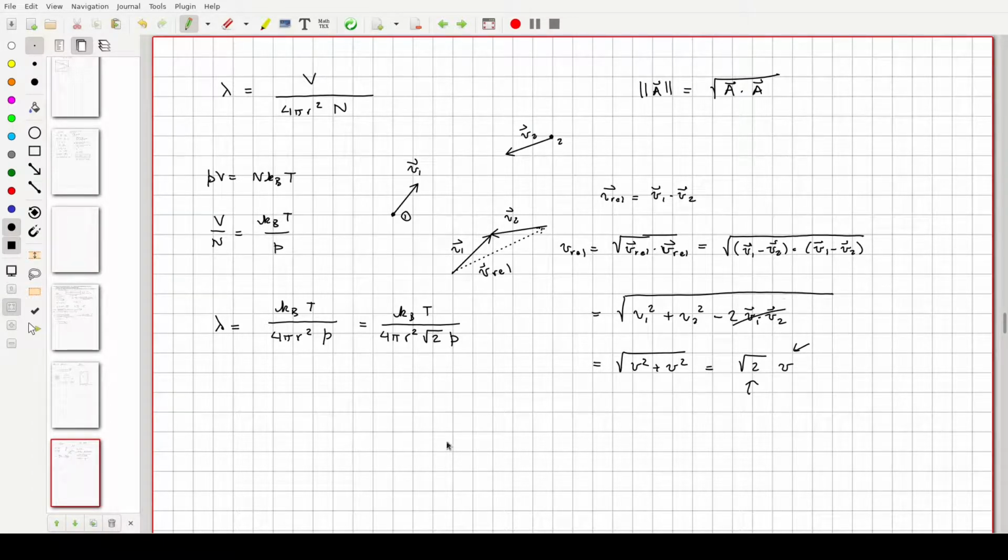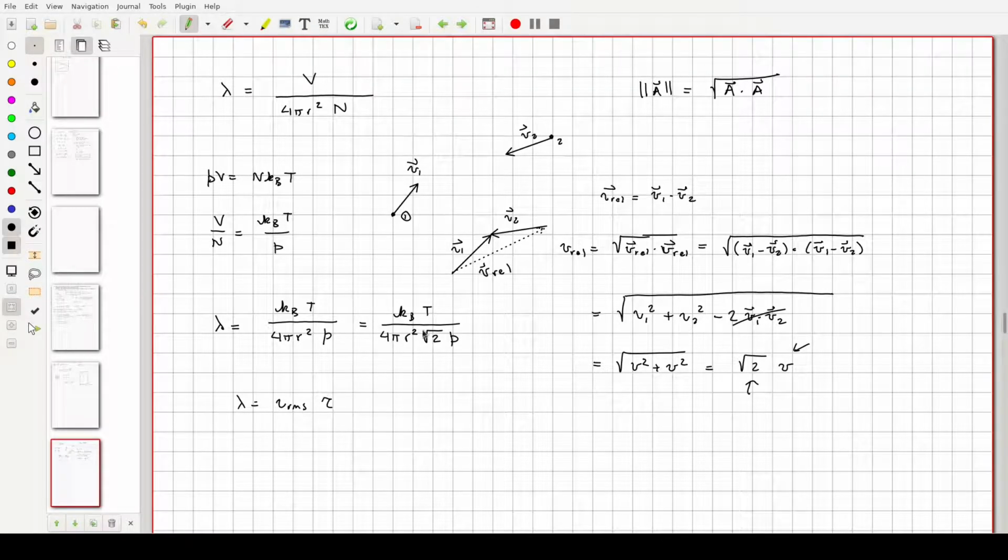So this is a distance. This is a speed, or your RMS speed. So we know that distance is equal to speed times time.